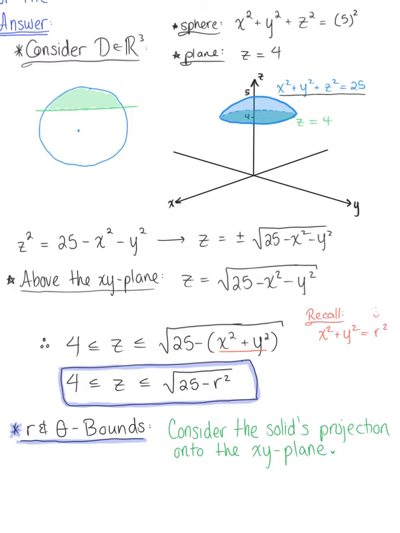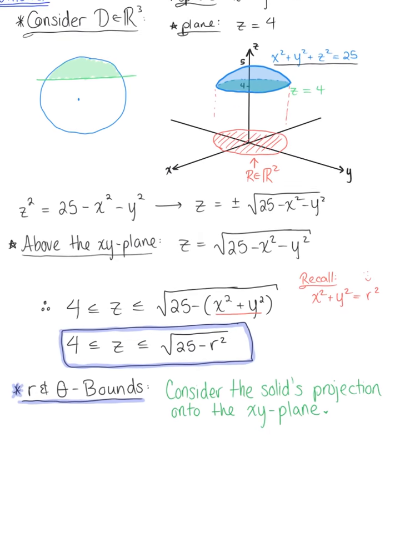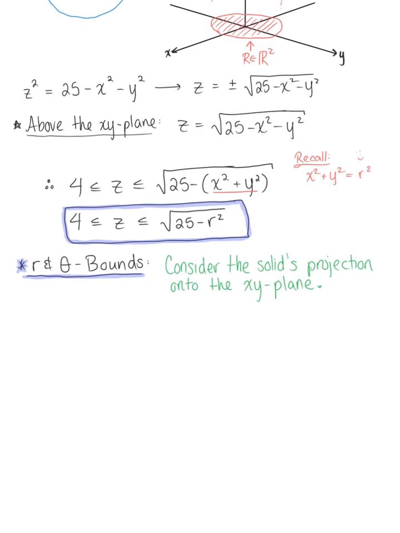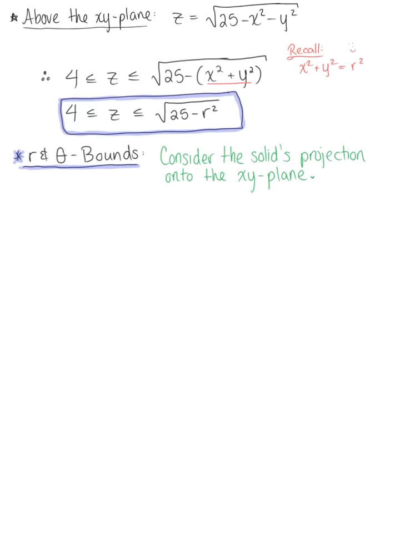So if we look at our three-dimensional sketch above, we can see that the projection of this solid onto the xy plane is going to have the shape of a complete circle. But what equation defines this circle? How are we going to find this circle? Well, in order to find the equation that defines this projection in the xy plane, we need to equate our surfaces.